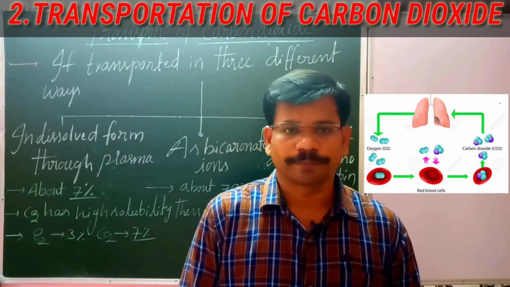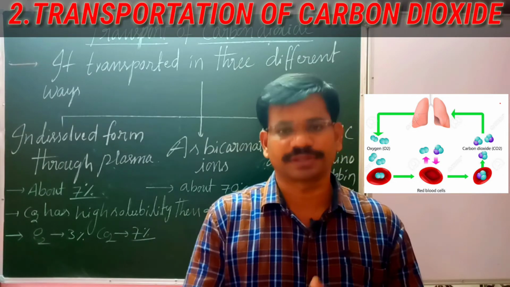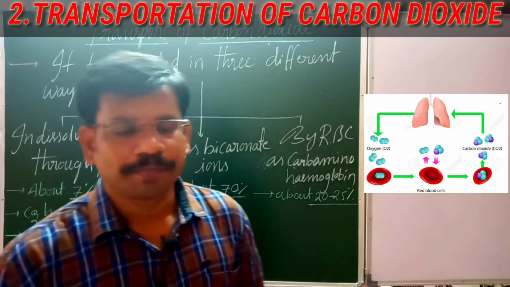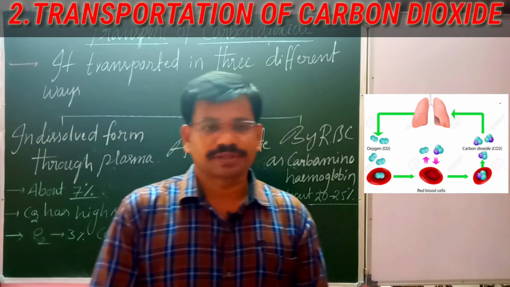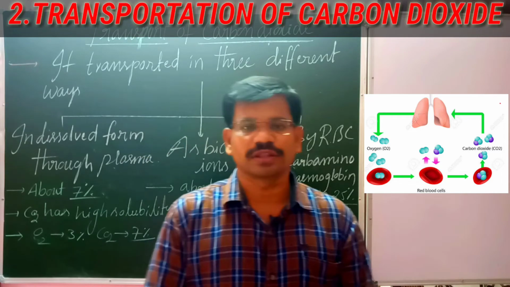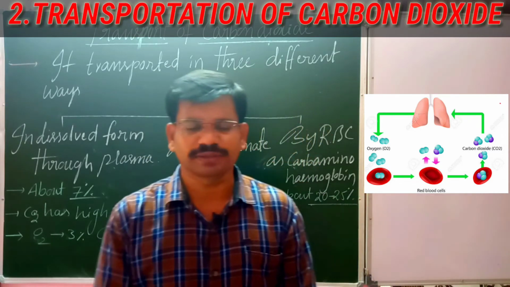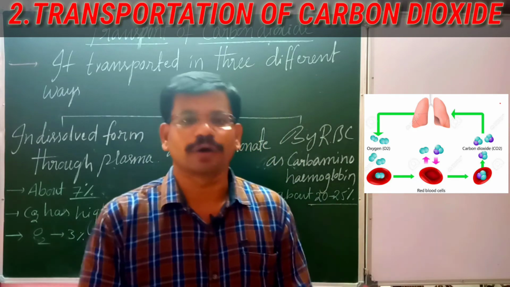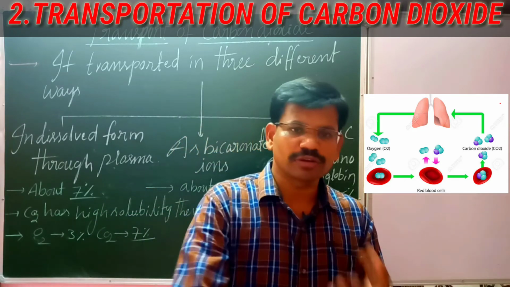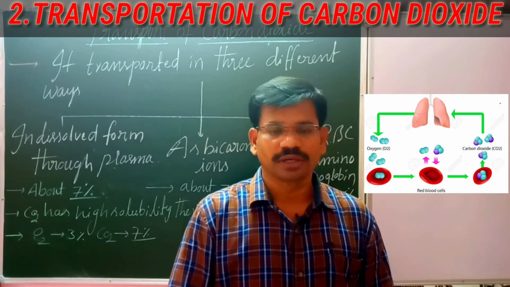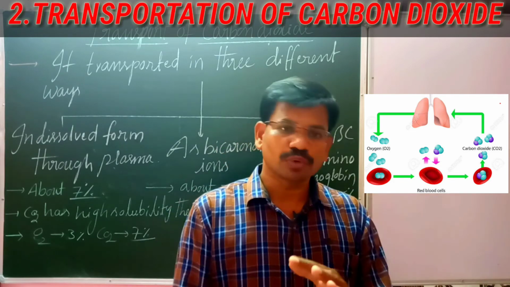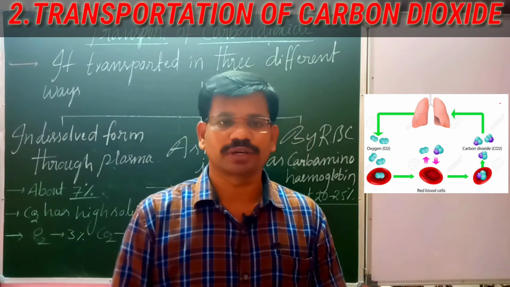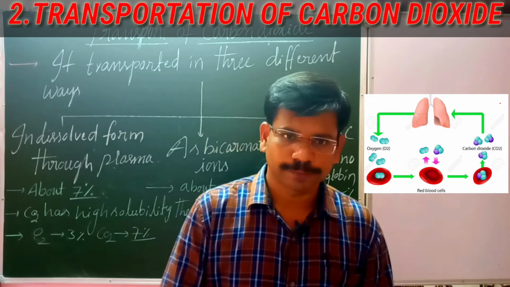Let me explain. What are the ways carbon dioxide is transported? Generally there are 3 ways. One is in the form of a physical solution. That means no chemical reaction takes place, it is just in dissolved form, dissolved in the liquid plasma, right? And most of the carbon dioxide is transported by chemical reactions.